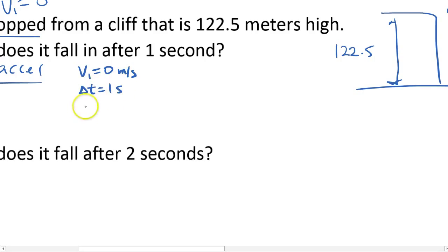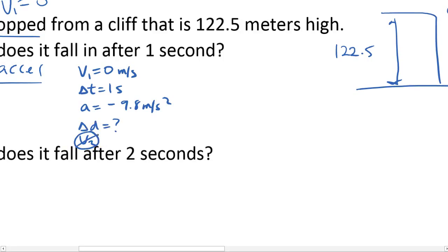I know that the acceleration is equal to negative 9.8 meters per second squared, and I want to know how far does it fall. So in other words, what is delta D? I don't know at this point what the final velocity is, so the one that I don't know is V2.